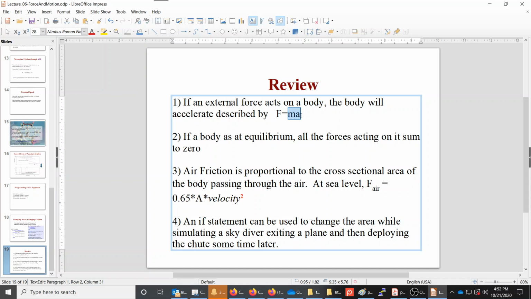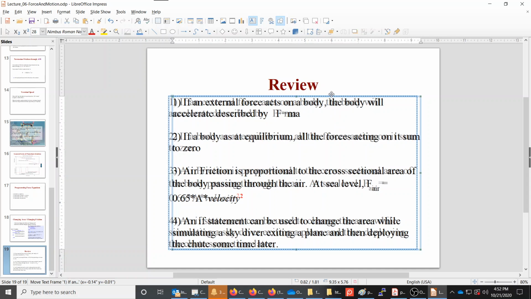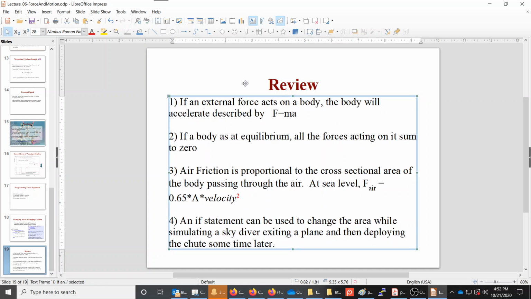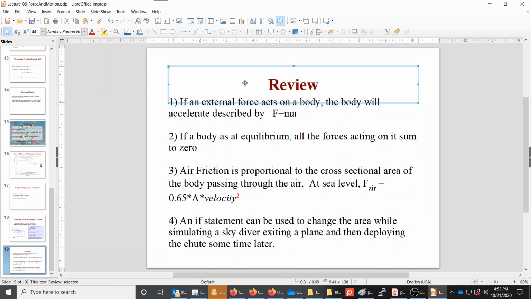And so you don't have any acceleration if all the forces are equal, right? A body in motion stays in motion, or a body at rest stays at rest. So there's no change in motion without a difference in force.